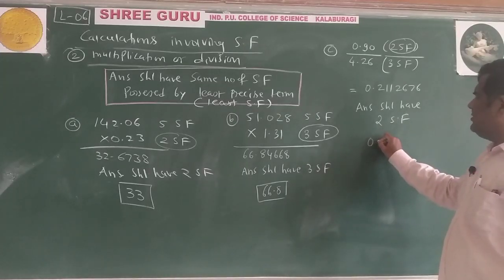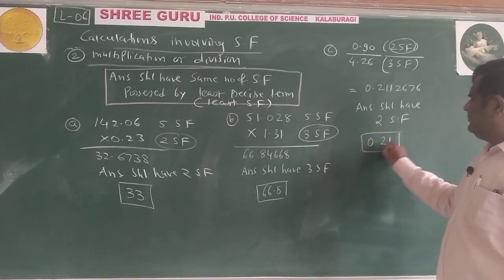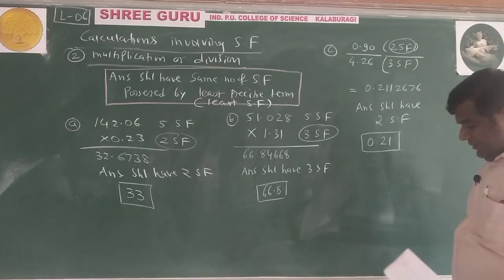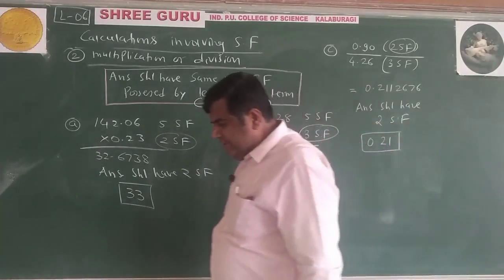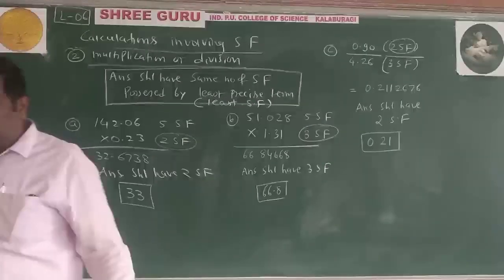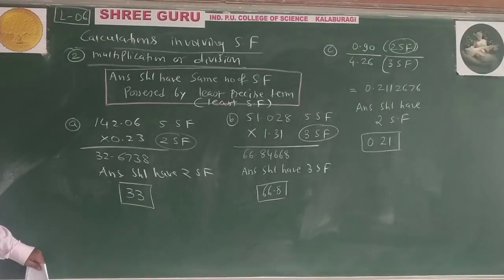That's why it is 0.21. This is the answer here. To solve this example, you see this example once again. And once again, if you solve this without seeing it as practice, definitely you will get it.